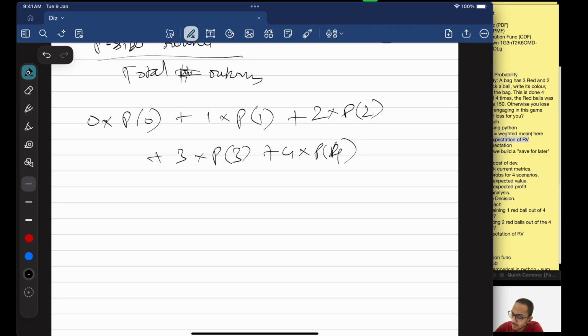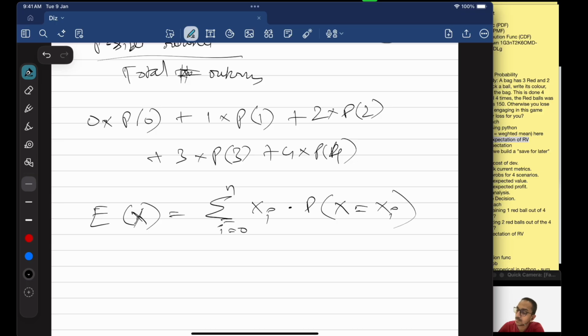So that is where we can say E of X, the random variable X, is nothing but summation of, so we'll say i equal to 0 to n, xi, which is our random variable, times the probability of X equal to xi.